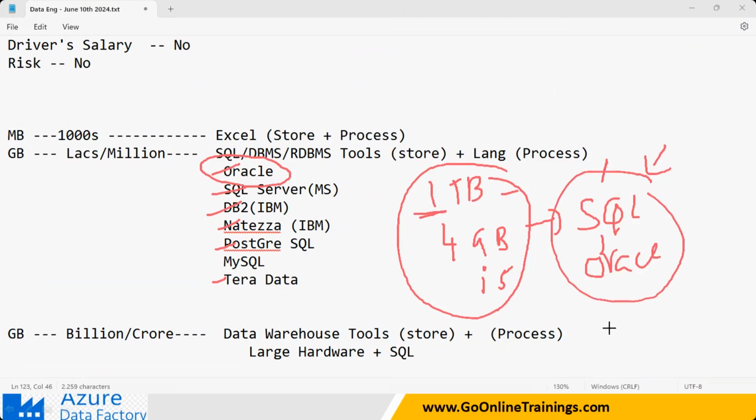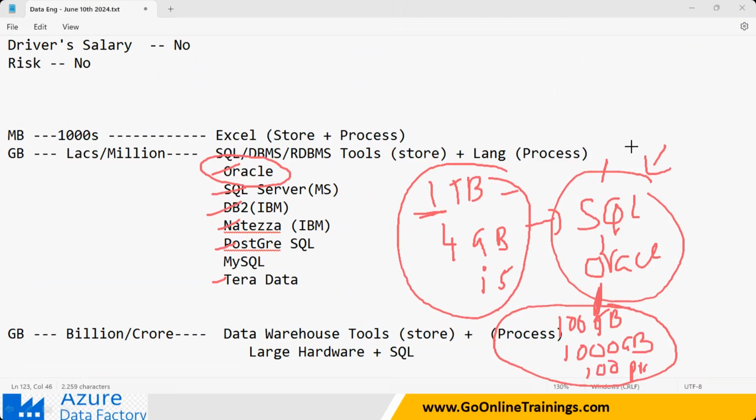Now I will take one more computer with 100 or 1000 terabytes of hard disk. Let me have 1000 GB of RAM. And here I'm going to have, let us say, 100 processors, not only one or two processors, 100 processors. I am installing the same Oracle here. Now tell me, this is also SQL and this is also SQL, in this hardware.